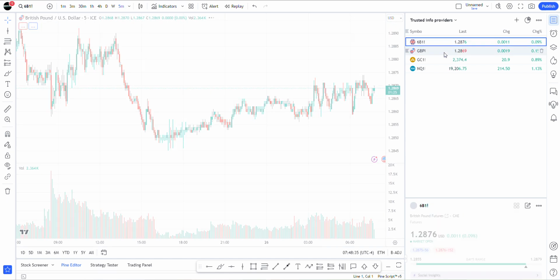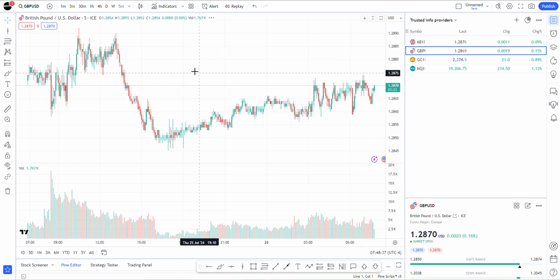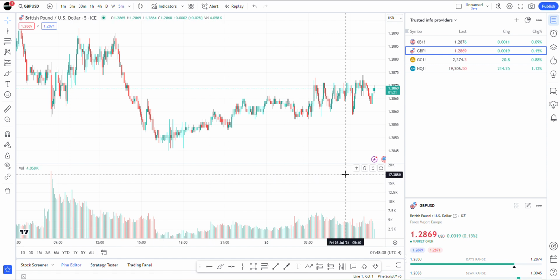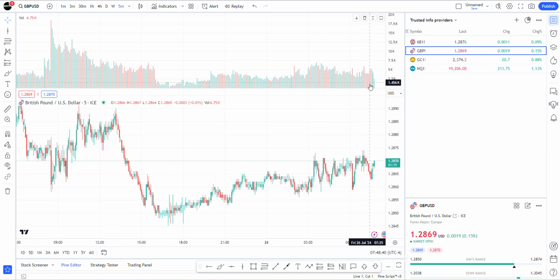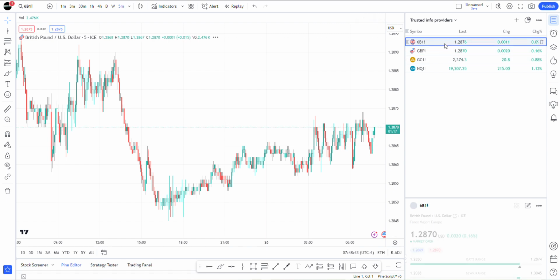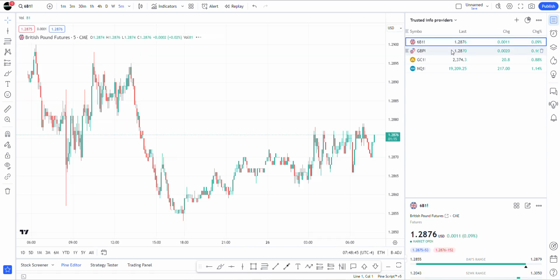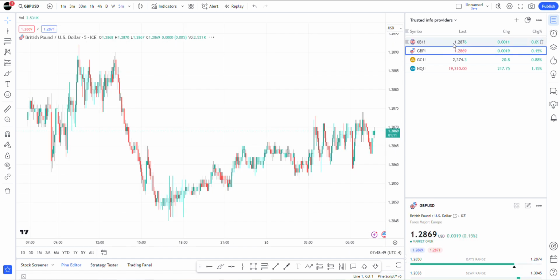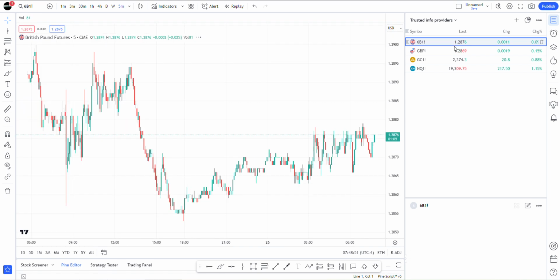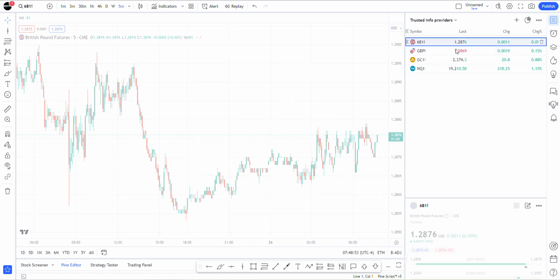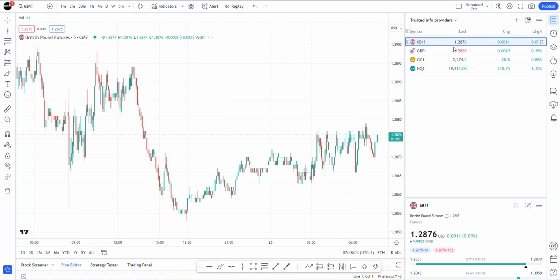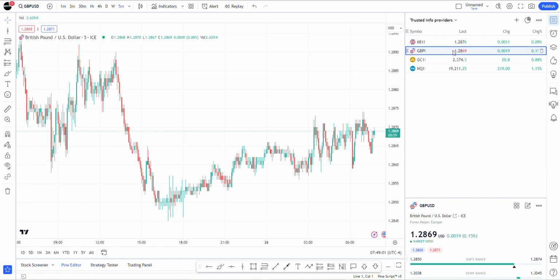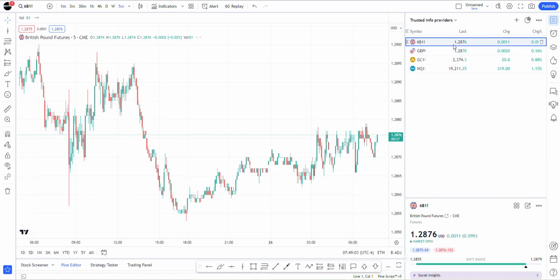But there are some small differences, as you probably see. Let me just hide this one. You'll see there are some small differences between the price. Like now it's at 2876 and is it 2870? Small differences, but that's just what it is. This is futures, this is currencies, or forex.